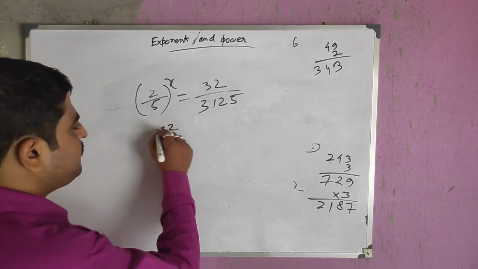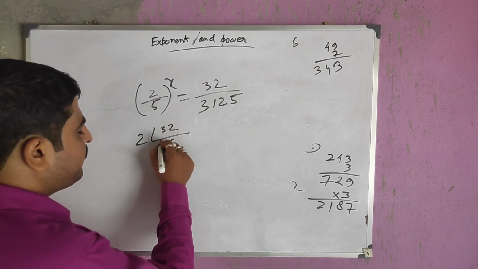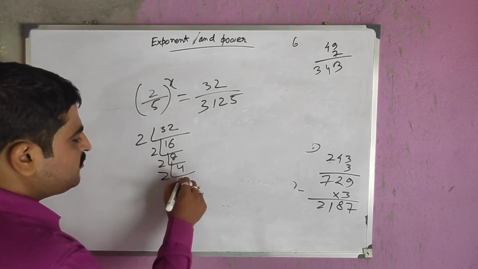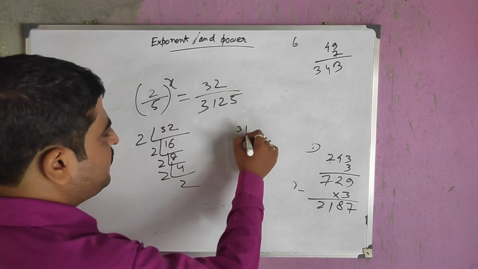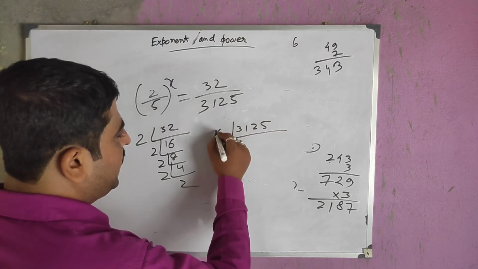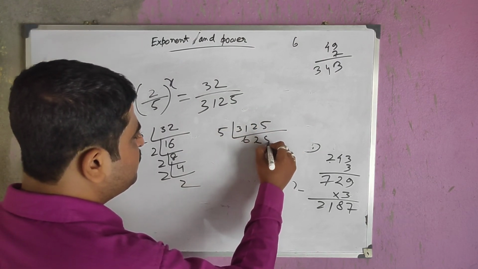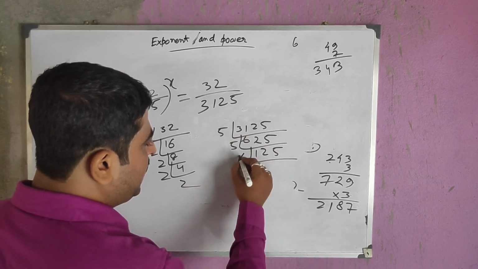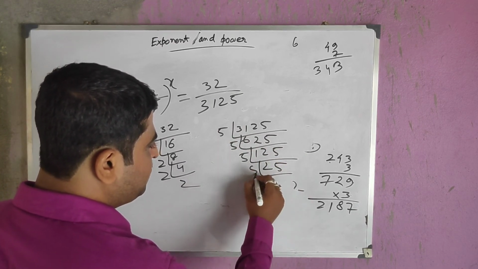So 32: 2 16s are 32, 2 8s are 16, 2 4s are 8, 2 2s are 4. And 3125: 5 625s, 5 125s, 5 25s, 5 5s.